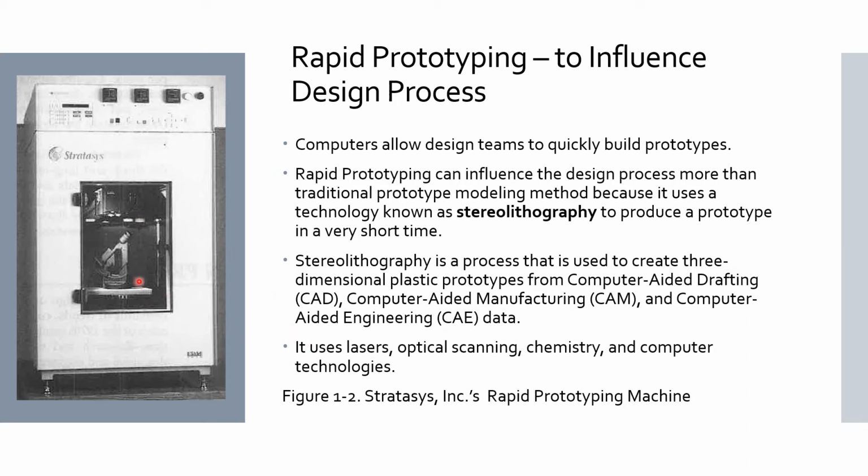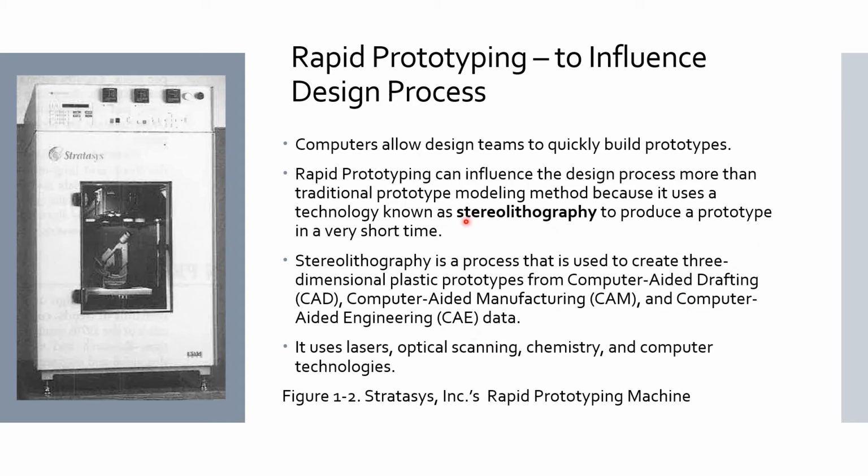So it uses a laser and optical scanning, chemistry, and then the computer technologies. So right now, if you think about rapid prototyping, you should recall the stereolithography machine, and in this machine there's a process where we use the laser, optical scanning, chemistry, and our computer technologies. So if you can come up with that, you're quite okay.